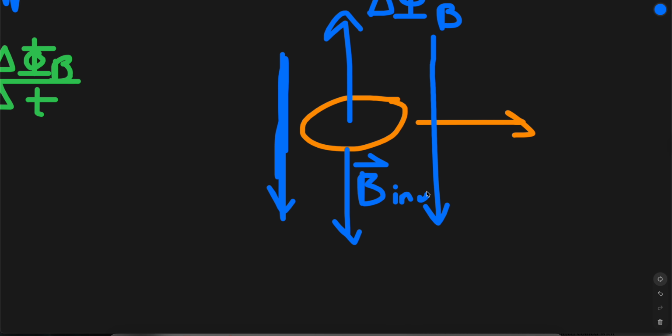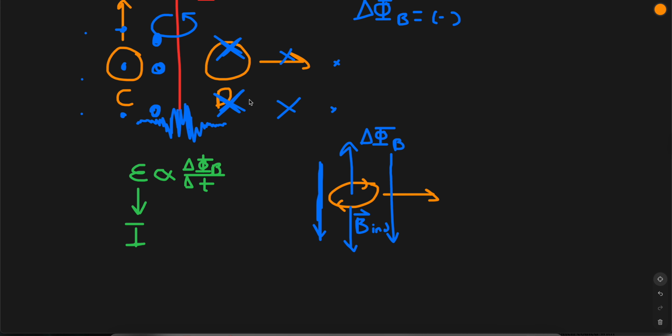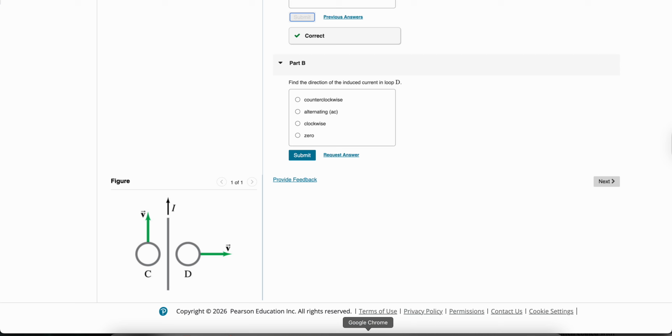Because of this, we can use a right-hand rule and find that it's curling around this way. If we bring that back to our reality, it's pointing with the magnetic field, which means it's going to go like this around the loop. So that would be a clockwise rotation.